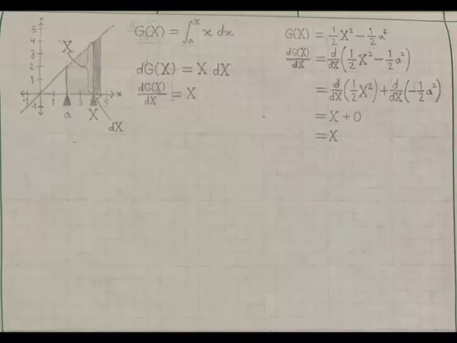For the first term, using the power rule, 1/2 big X squared turns into big X. For the second term, remember that a is just a constant. So minus 1/2 a squared must be a constant term. Using the constant rule, its derivative is 0. The whole thing becomes big X plus 0, or simply big X, which is the same answer we got before.